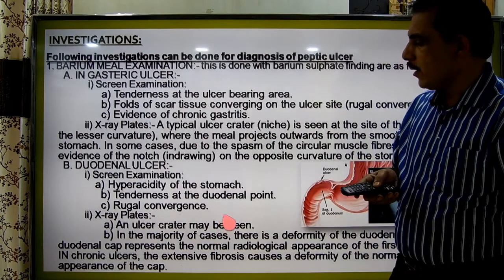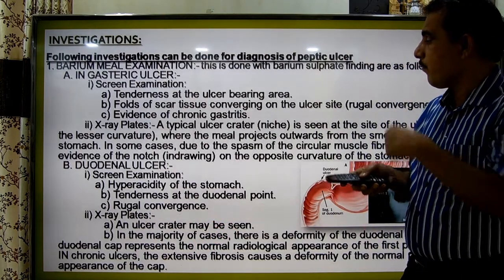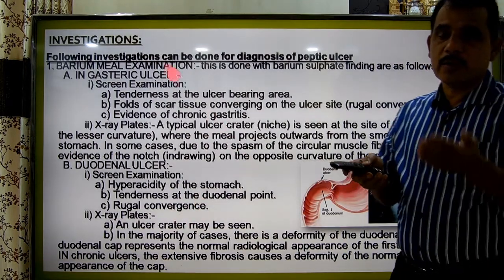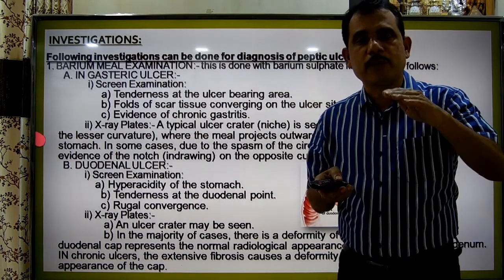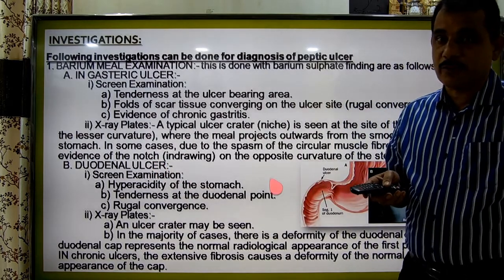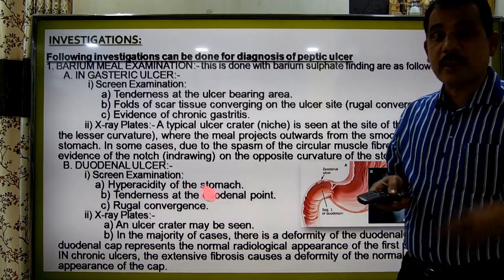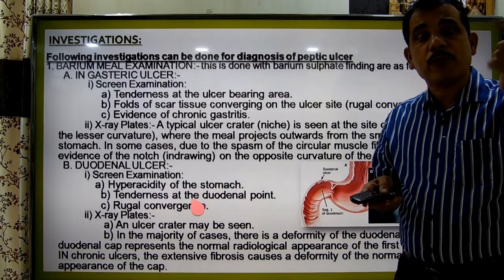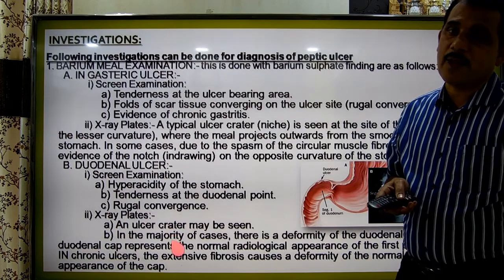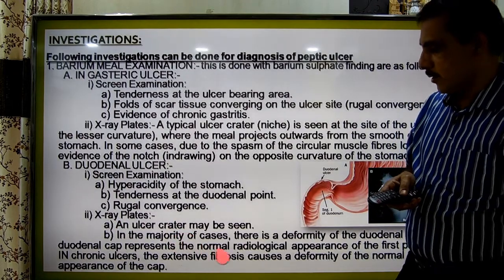And rugal convergence due to the folds of the scar, because the scar tissue forms folds. It is sometimes called rugosities, as seen in the stomach folds, but that is different. Those are the folds of the mucous membrane of the stomach, but here these are the folds of the scar. It's called rugal convergence.